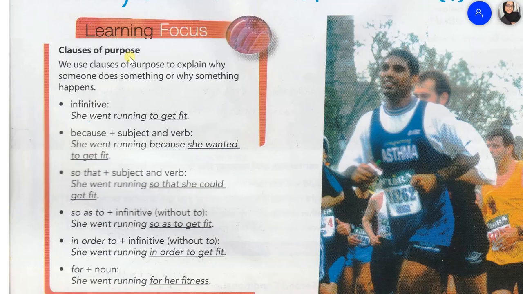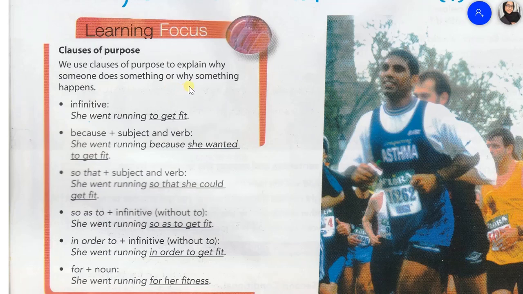So what is a clause of purpose? We use clauses of purpose to explain why someone does something or why something happens. Kita gunakan clauses of purpose ni untuk menerangkan kenapa seseorang tu membuat sesuatu ataupun kenapa sesuatu tu terjadi.